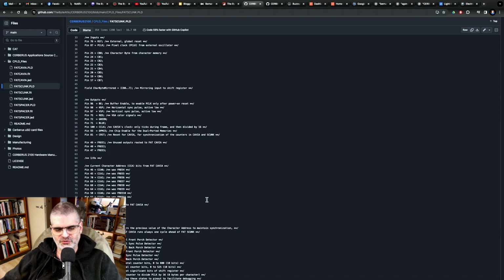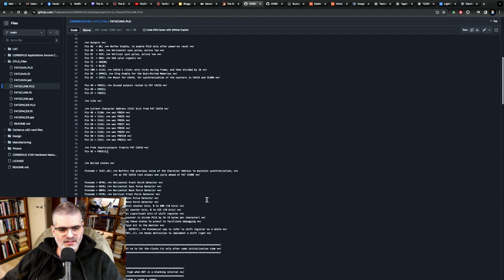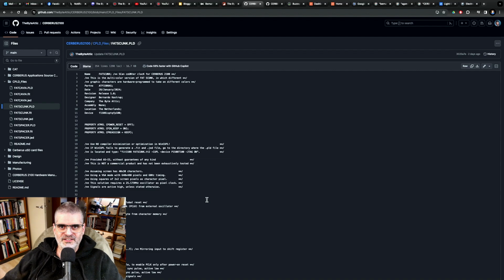Cavia as well, much shorter. Cavia is shorter than this. So now you know exactly from the gate level up how to build a colorful VGA video circuit based on memory mapped video, and memory mapped character definitions.